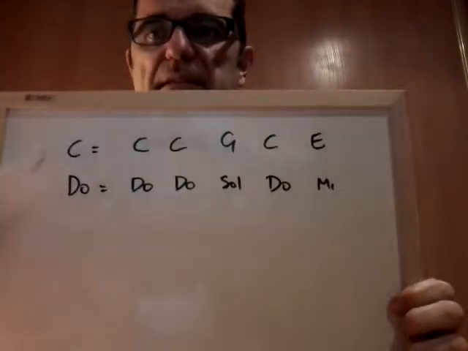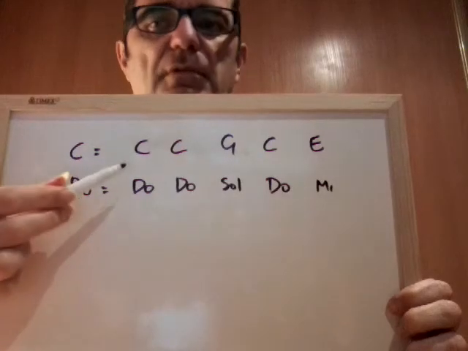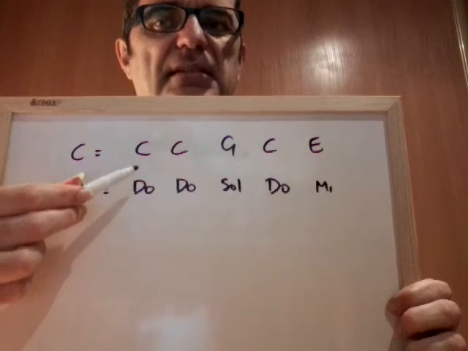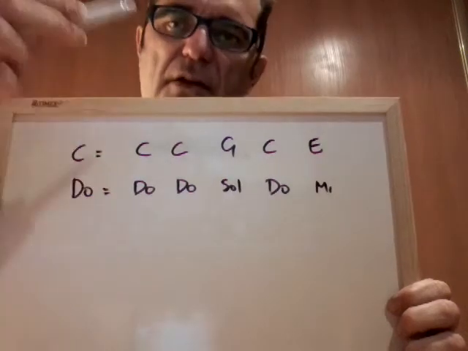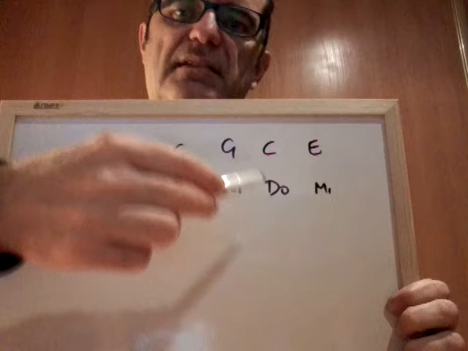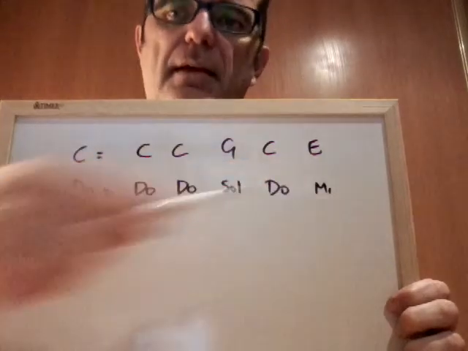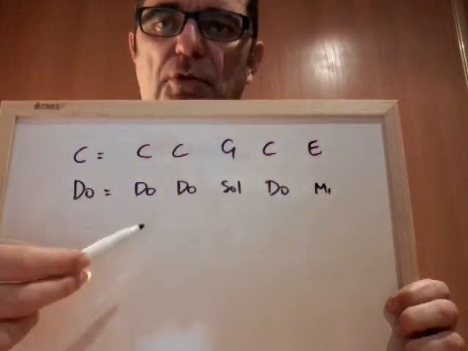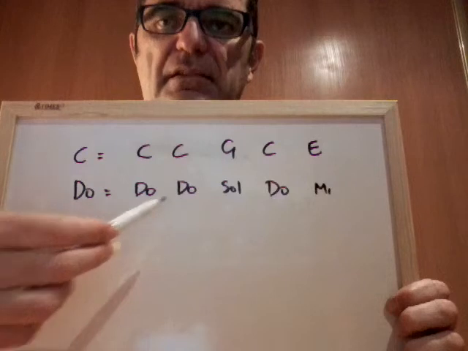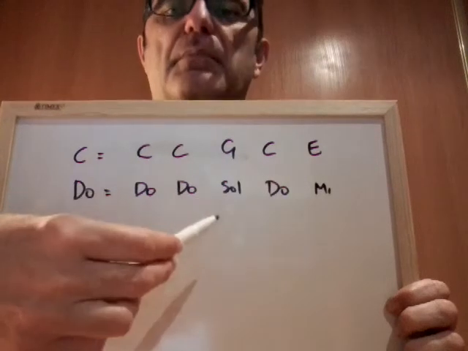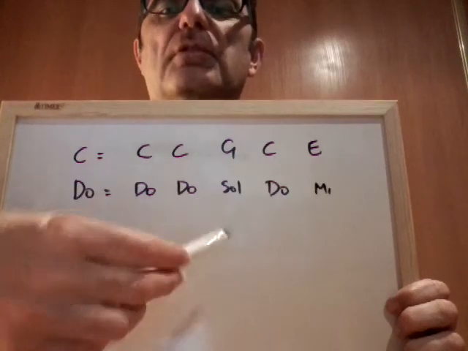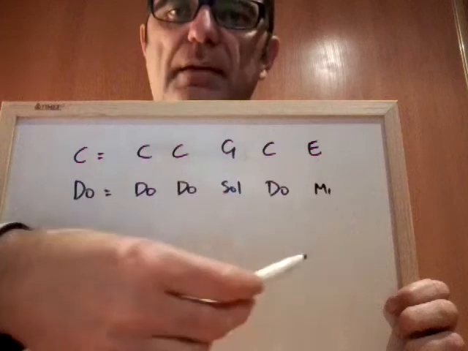So, we've got in C, we've got the first note, that sound is C, then another C, but one octave higher, then a G, then a C again, then an E. Lo he puesto en castellano, un do, primero el do grave este, después su octava, después viene un sol, después viene un do y después viene un mi, ¿vale?